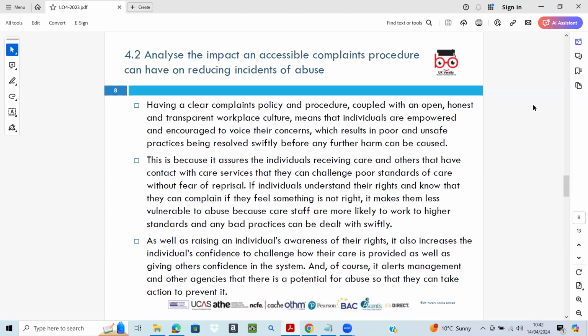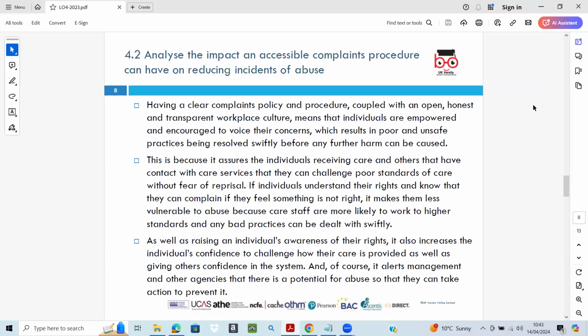And why do we think that this assurance can change the behavior of care staff? Knowing that individuals can and will report poor care encourages staff to adhere to high standards. It creates an environment where staff are more vigilant and committed to providing quality care because they know oversight is active and effective.